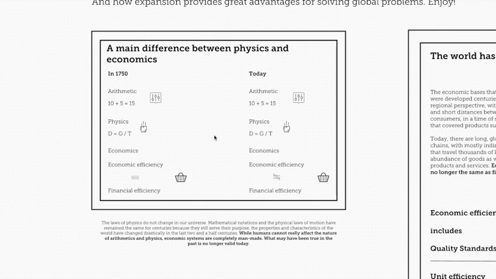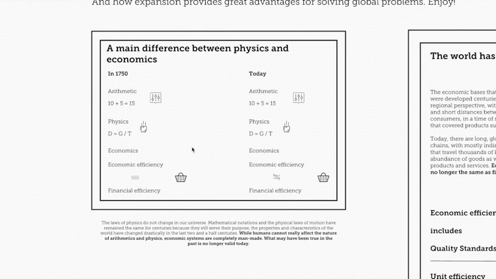However, I want to make the point very clear that the assumptions that were developed in 1750 or thereabouts had one very, very simple formula: that economic efficiency would be more or less equal to financial efficiency.